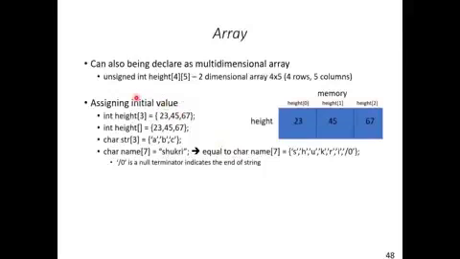And then how do we assign values for the array? For example, the first example, int height 3. This means that the array must have 3 variables: 23, 45, and 67. By putting the size here, we need to put 3 numbers.